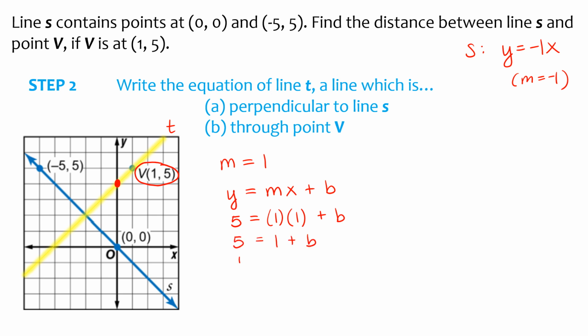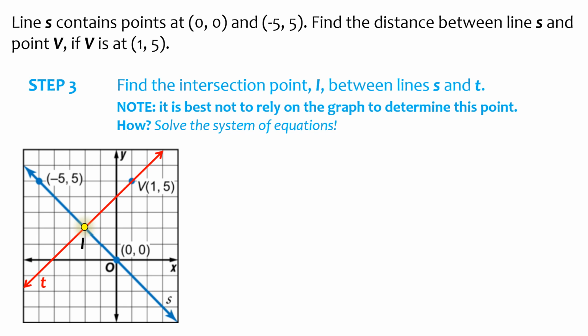Subtracting 1 from both sides, we can see from the graph and solve algebraically the y-intercept of 4. So putting our slope and y-intercept together, the equation of this perpendicular line T is y equals 1x, or just x, plus 4.